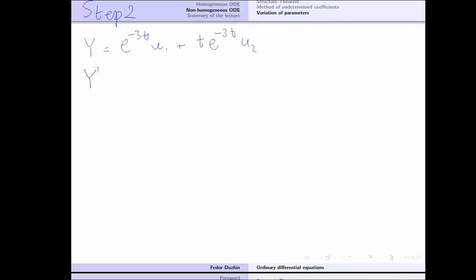Then y prime equals, now I have to differentiate it according to the product rule. So I will do it like this. First I will differentiate e to the minus 3t, but I am not going to calculate it. I'll just write (e to the minus 3t) prime u1 plus e to the minus 3t u1 prime.